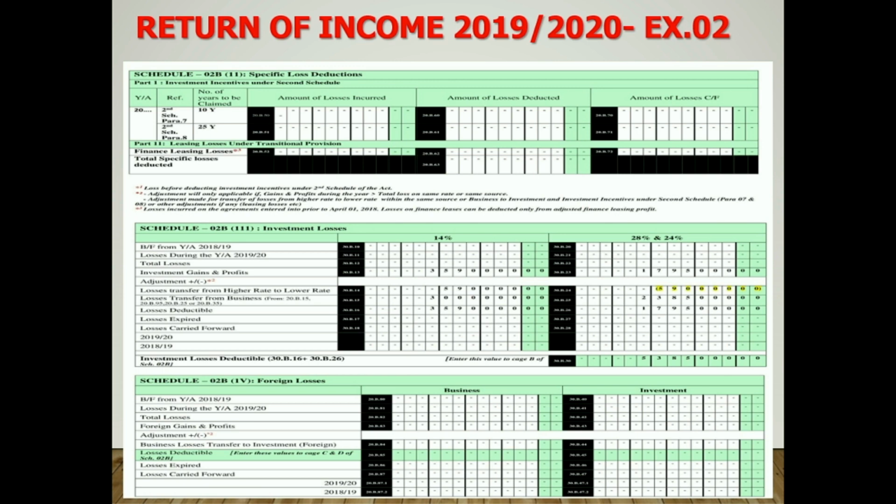Ultimately, the entire investment income will be set off against loss, and the total loss deducted should be entered into cage 30.B.30, and then take that amount to schedule 2B and again to schedule 2.